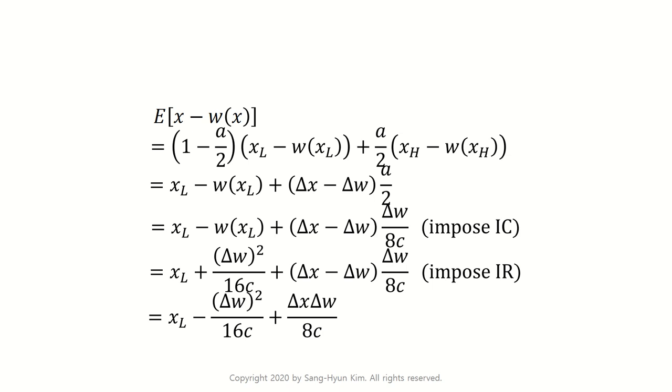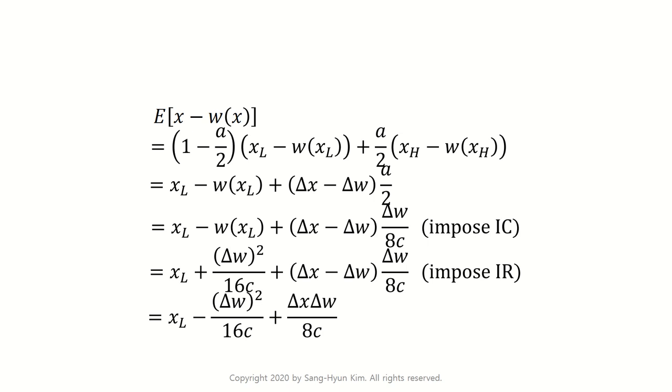And we can rearrange the terms, and we can rewrite the expression like this. So XL minus W of XL plus delta X minus delta W. Here, delta X is, as before, XH minus XL. So the difference in X is written as delta X. And similarly, delta W, as we saw, is the difference in wage.